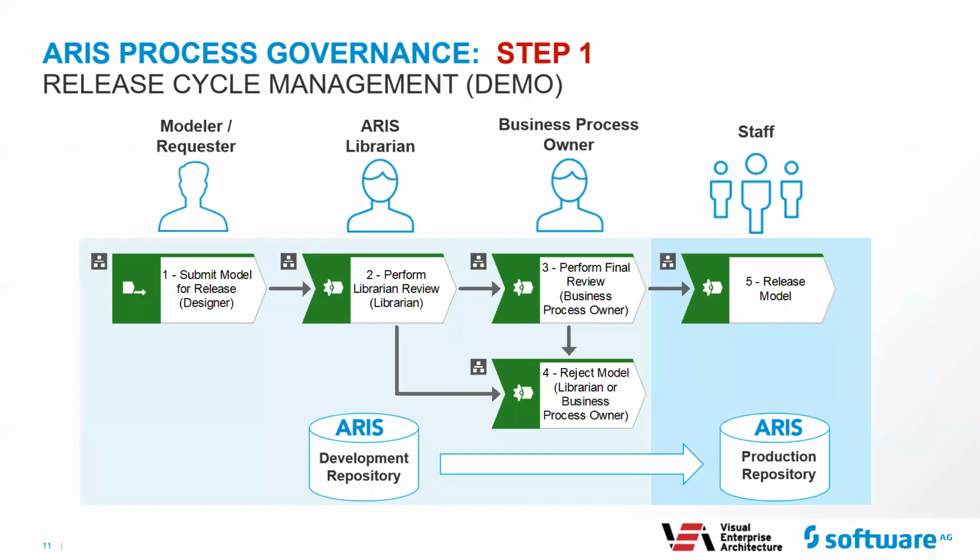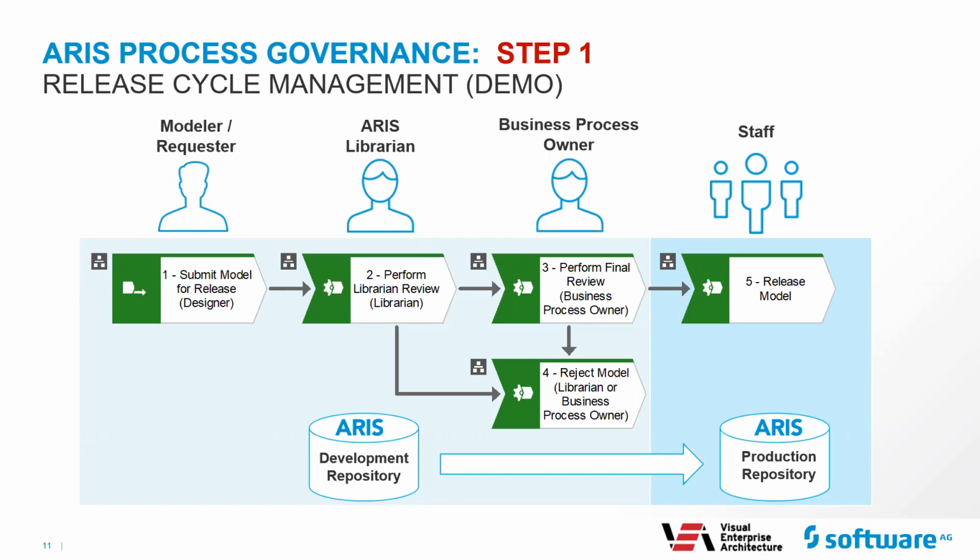Okay, all right, so let me jump into the demo. This is the process I just walked through. We have a modeler requester, an ARIS librarian, business process owner, and staff. So we have the value chain here, where we submit the model for release.